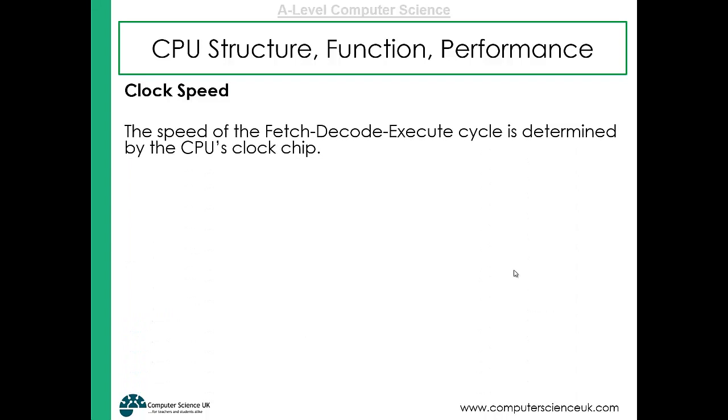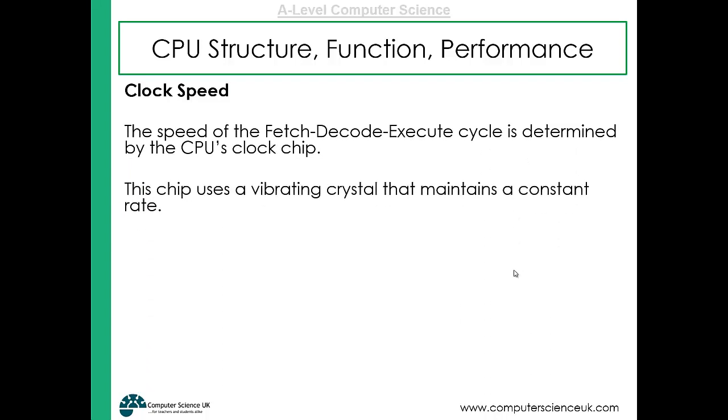So the speed of the fetch, decode, execute cycle is determined by the CPU's clock speed. Now, the CPU's clock is actually a vibrating crystal. It's a crystal that has an electrical current sent through it. It vibrates at a constant rate and therefore allows us to actually have a synchronized situation inside the CPU.